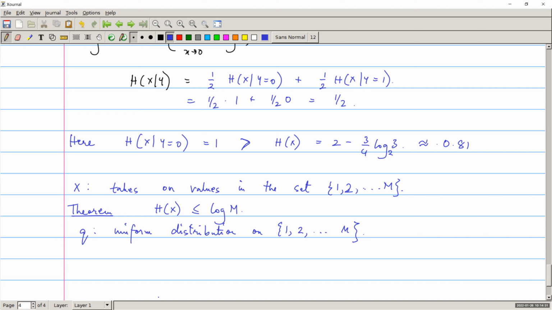Let us say that x is distributed according to p. That means that the probability of 1 is the probability that the random variable x takes the value 1.